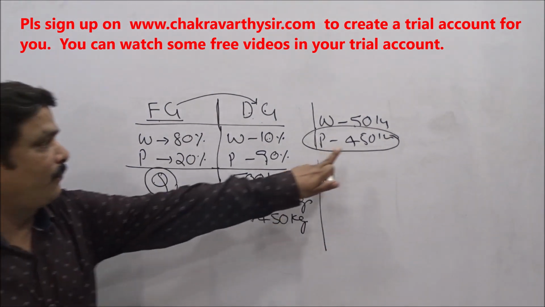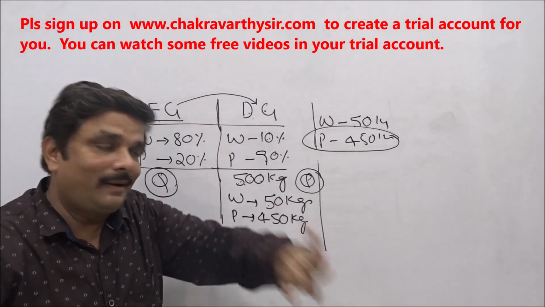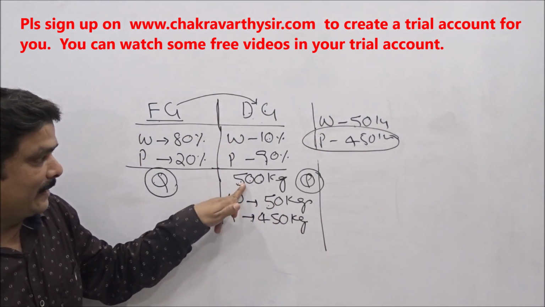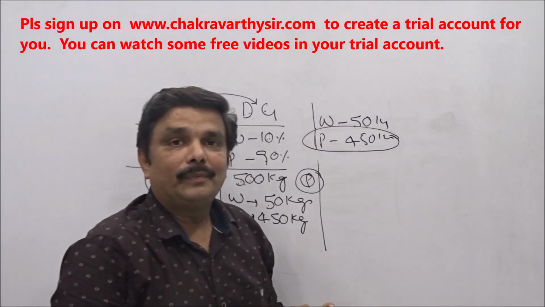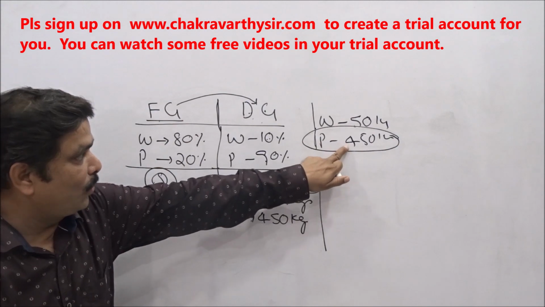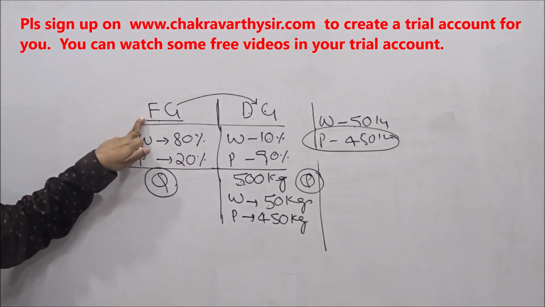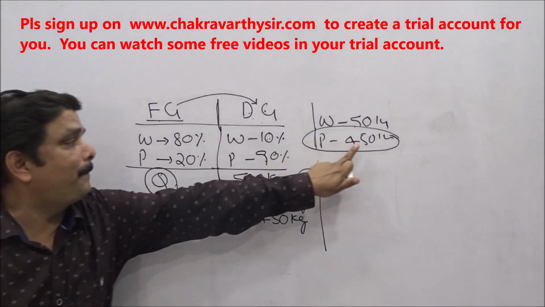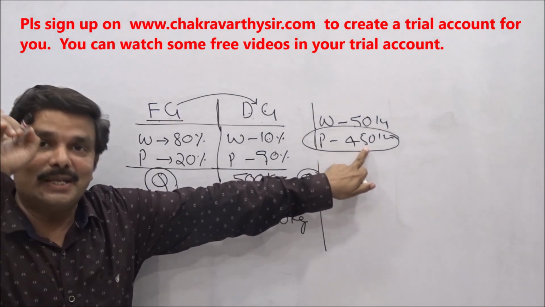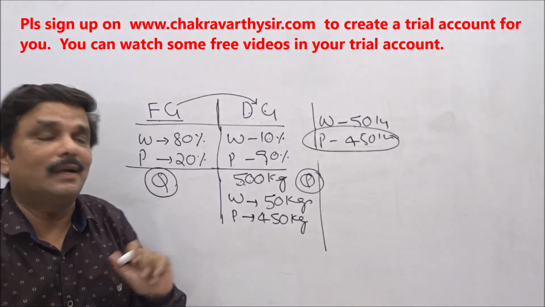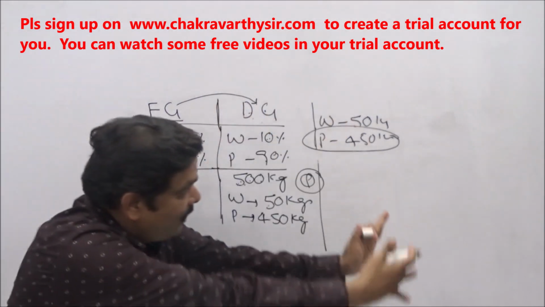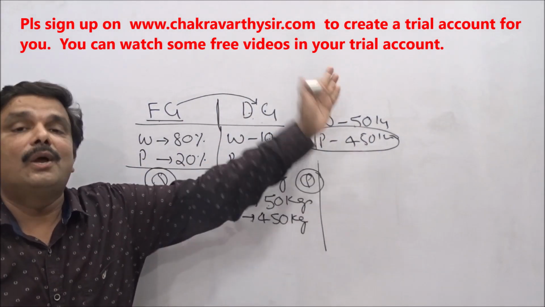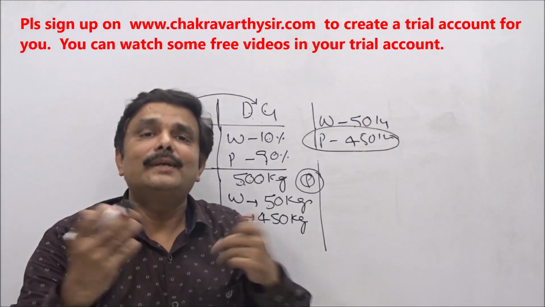This fruit is dried; after drying, out of 500 kgs, 50 kgs is water and 450 kgs is pulp. It was not changed. Before and after drying it is 450 kgs, only the water quantity is changed.